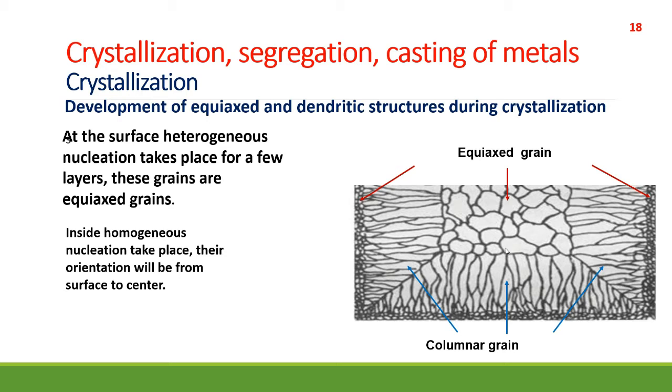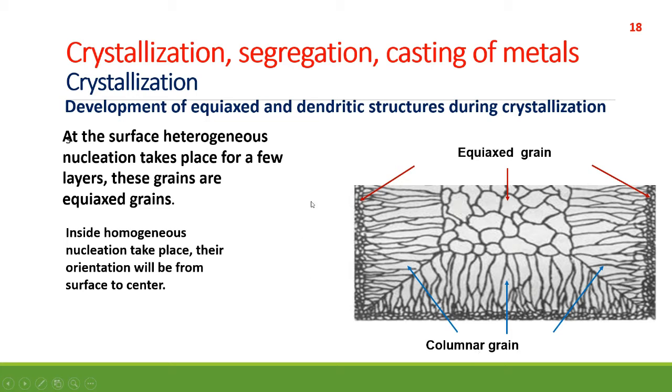So here you see in the picture that there are some grains formed. This one at this boundary is called equiaxed grain, and here at the center also we call it equiaxed grain, and those longitudinal grains we call columnar grain.